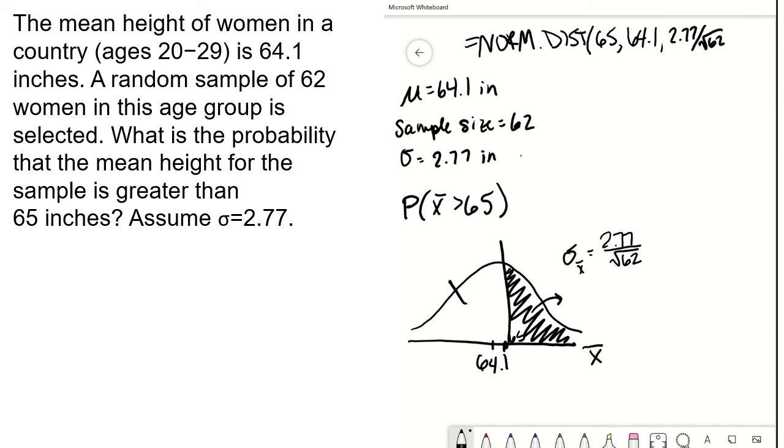Now you can calculate this in a separate cell and type it in, or you can let Excel calculate it as a function of it. I'm going to do the second method just so that it's all in one place. And then we still end with true. So let's head over to Excel and calculate. Again, this is going to give us the less than left-hand part, but we want the right-hand greater than part.